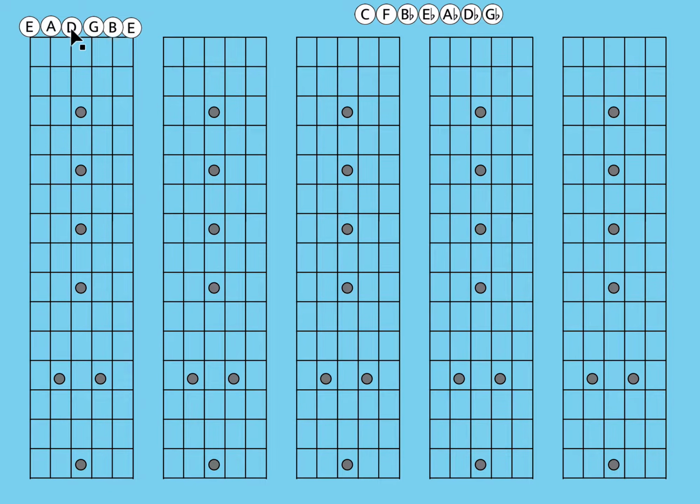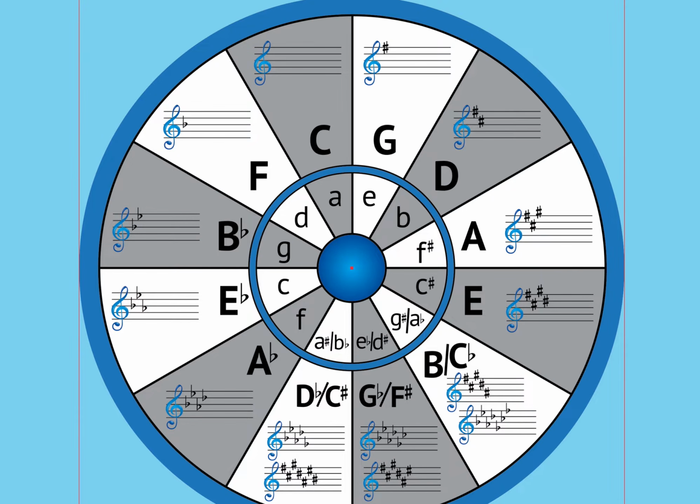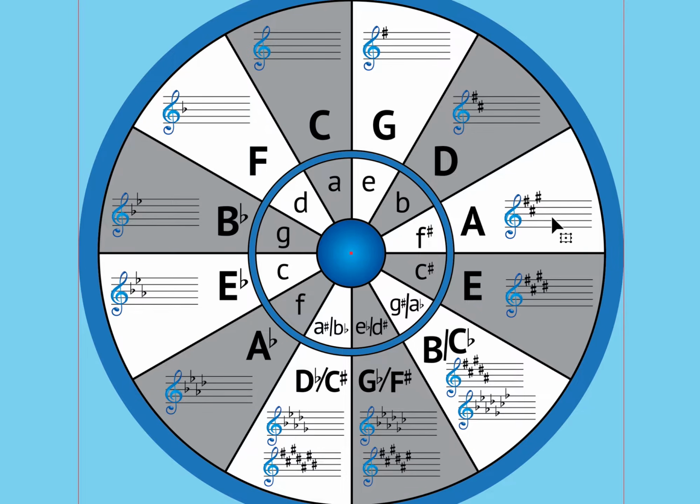So all of them are fourths except for the G to B, and that's why we call it the B string rule.